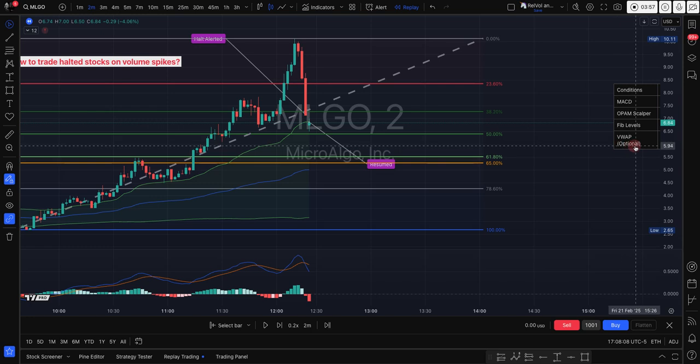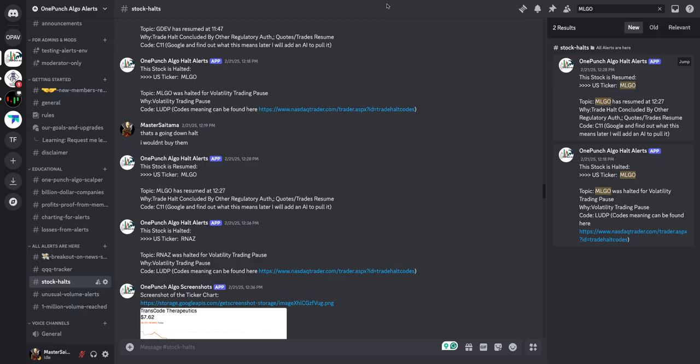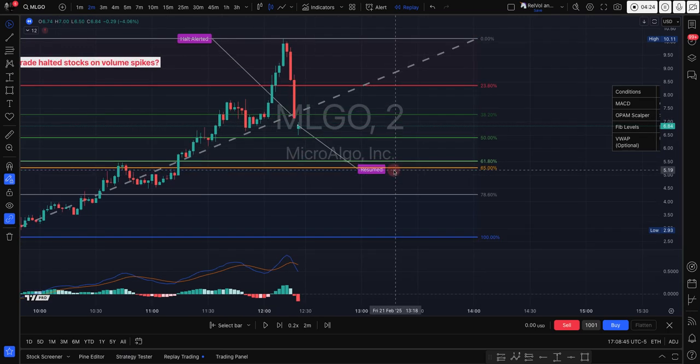Like I said, VWAP is optional. So let me remove VWAP, but I will also show how the VWAP is being respected here. All right, so I removed the VWAP. The resume happened right at 28, at the end of this candle. That's when we got the alert for the resume at 12:28. So you draw that as well.